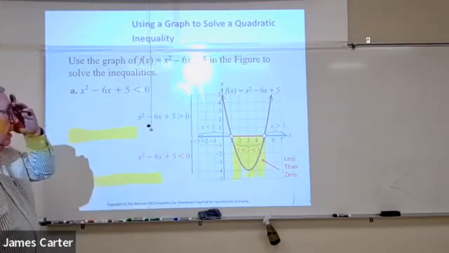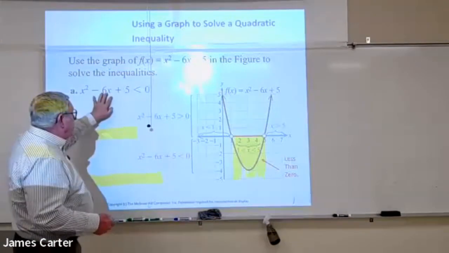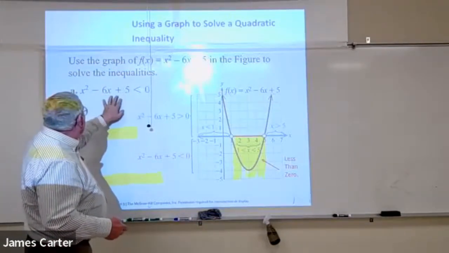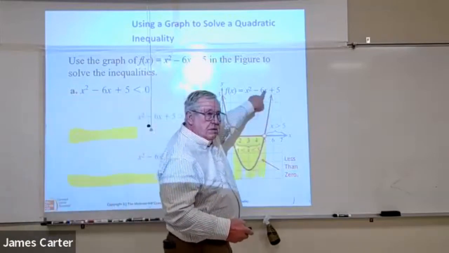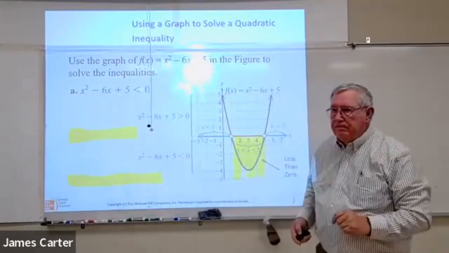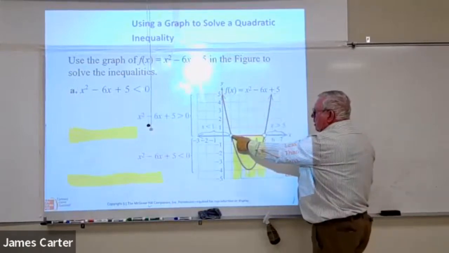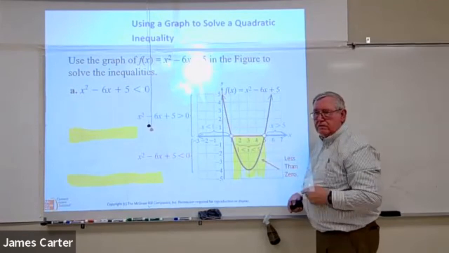Now, in this case, if we graph this, we get this shape. Here's my line of symmetry. Here are my two x values.